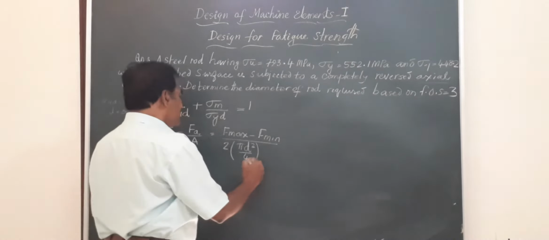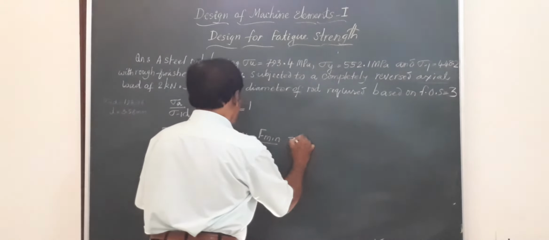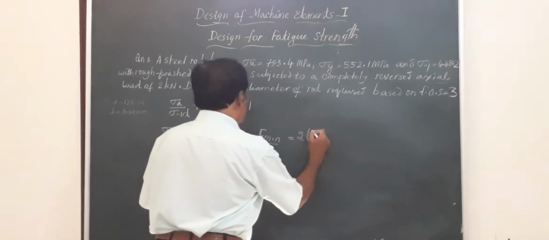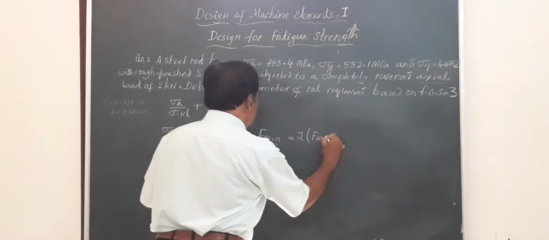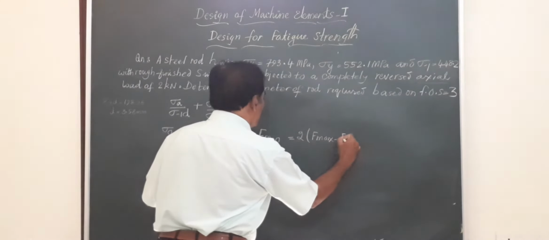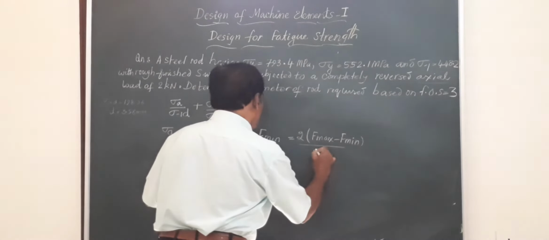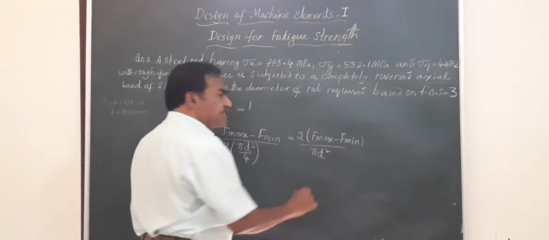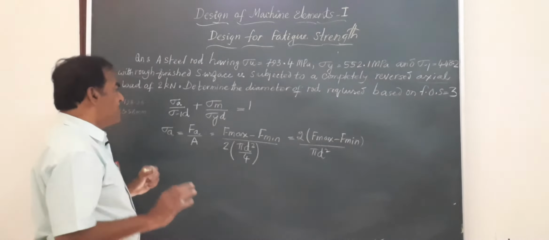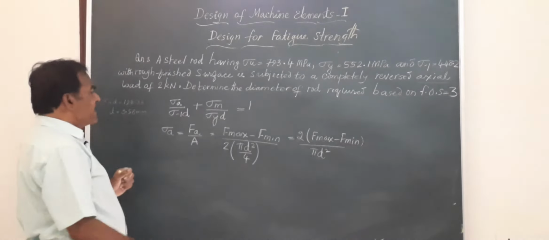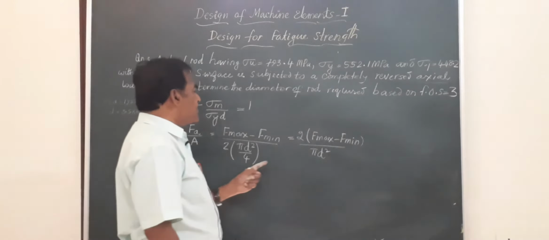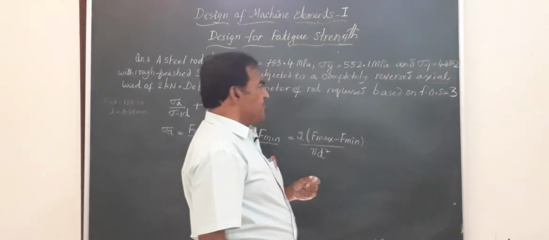And friends, this works out to 2 times F maximum minus F minimum divided by pi d square, where d is the diameter of the rod to be found out. Friends, let us see what these values of F max and F minimum are.